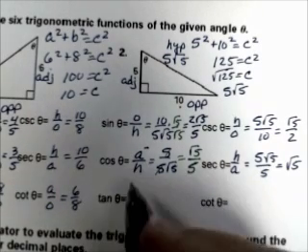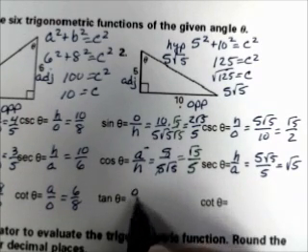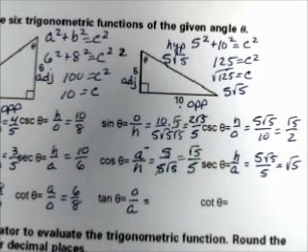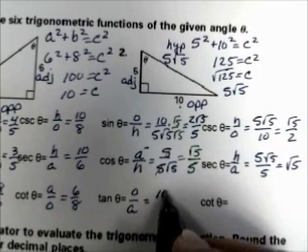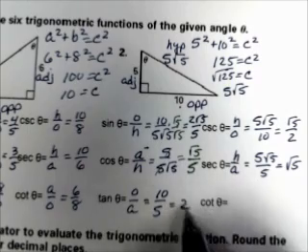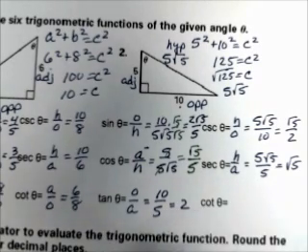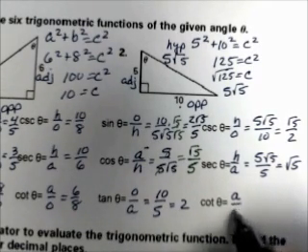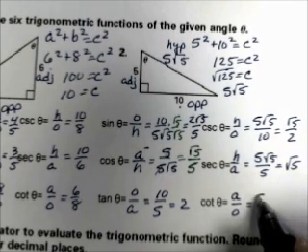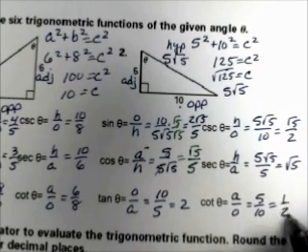Tangent of theta, TOA, opposite over adjacent. Opposite is 10, adjacent 5, which reduces to 2. And cotangent is the reciprocal, adjacent over opposite, 5 over 10, which reduces to 1/2.